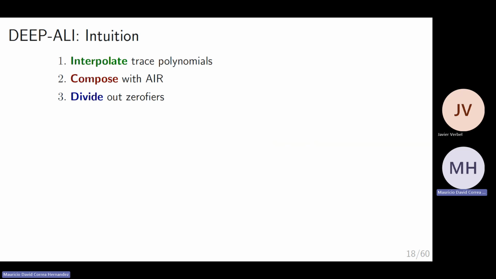One, interpolate the trace. Using Lagrange interpolation if you want, but there's actually a faster algorithm that you really should be using. Secondly, you compose these polynomials with the AIR constraints. This gives you univariate polynomials that should evaluate to 0 in all the locations where the constraints are supposed to hold.